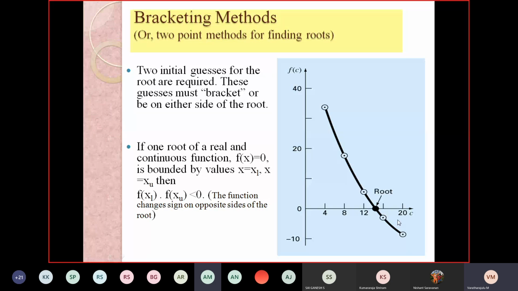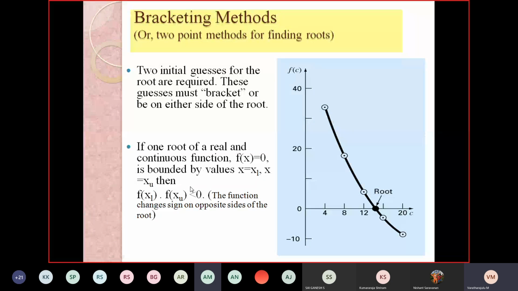Here, two initial guesses for the root are required, and these guesses must bracket, or be on either side of, the root. If one root of a real and continuous function f of x equal to 0 is bounded by the values x equal to xl and x equal to xu, then the product of the function values f of xl and f of xu should be less than 0. The function changes sign on opposite sides of the root.